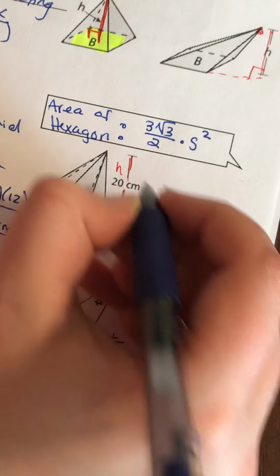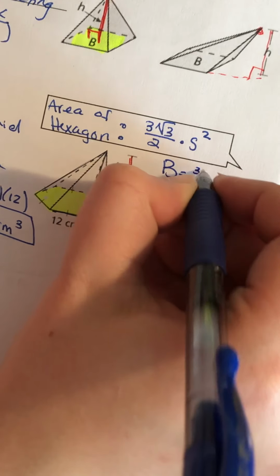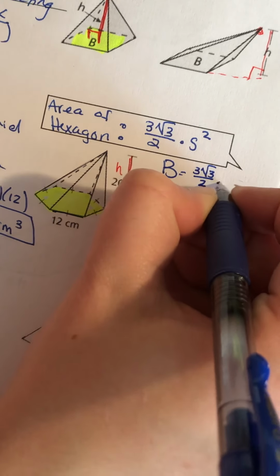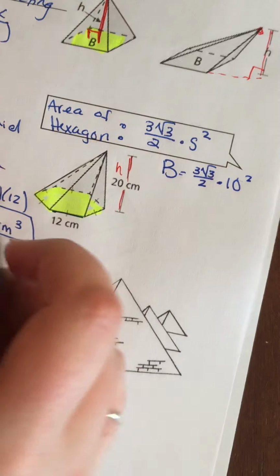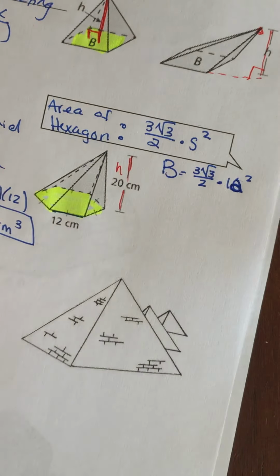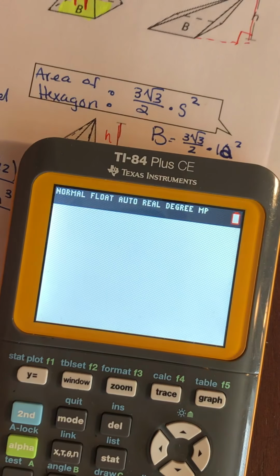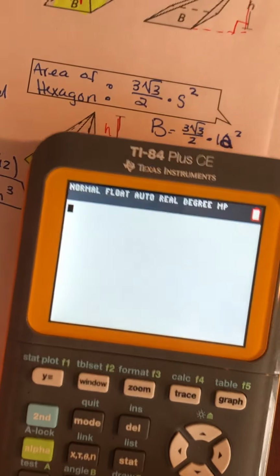So the area of that base is 3√3/2 times, not 10 squared, 12 squared. And you want to put that whole thing into your calculator just as it appears.